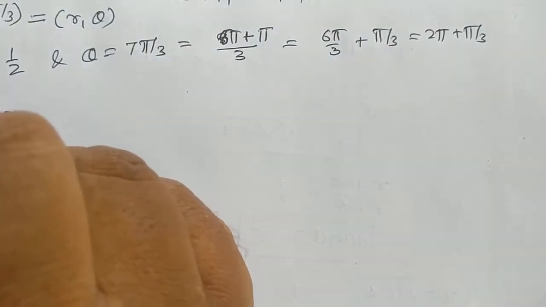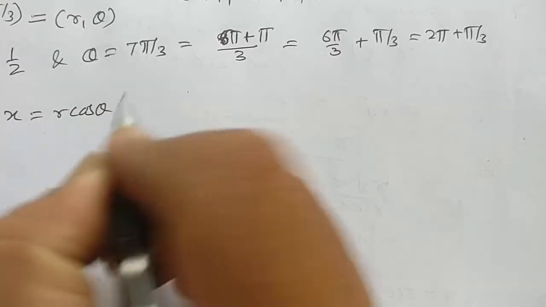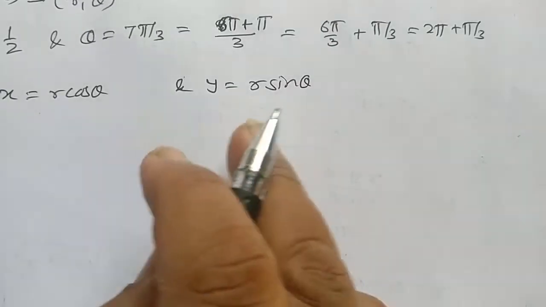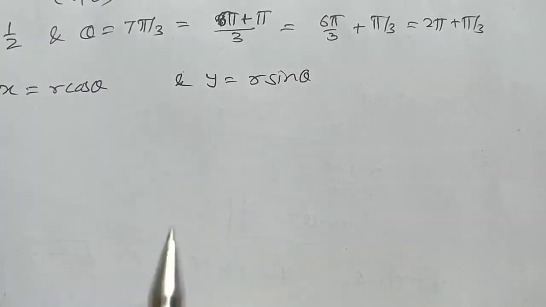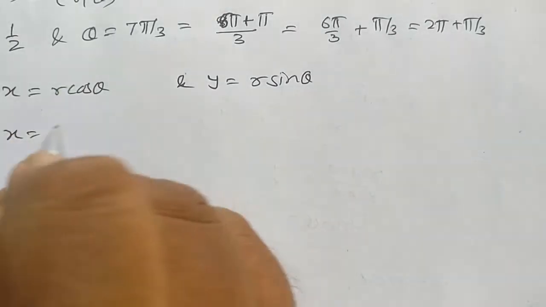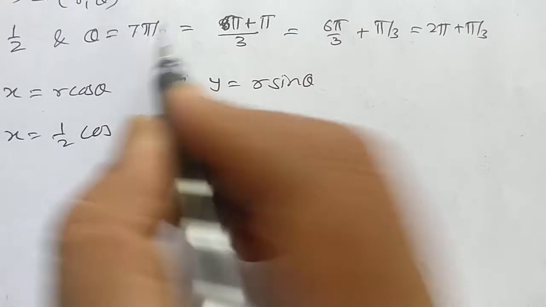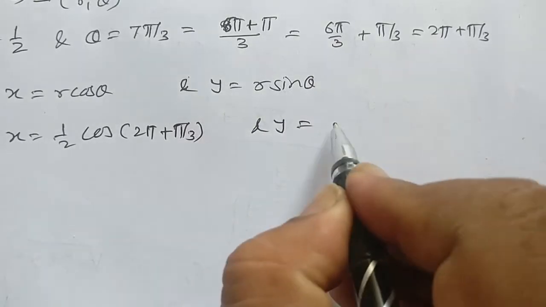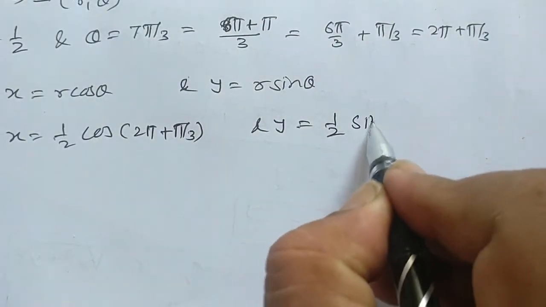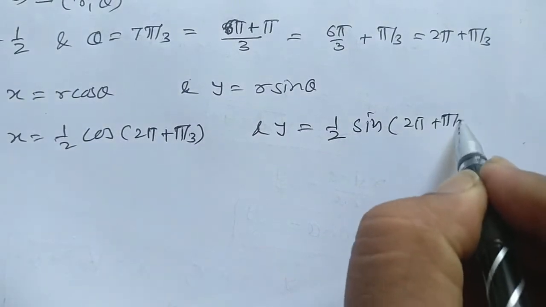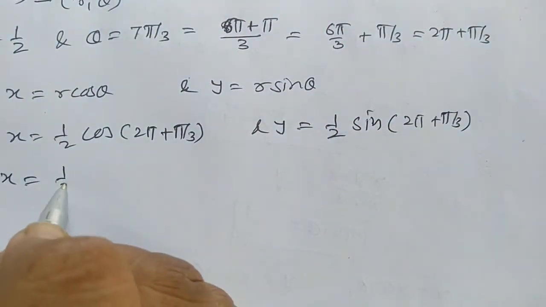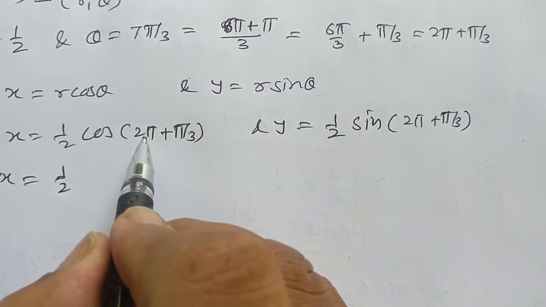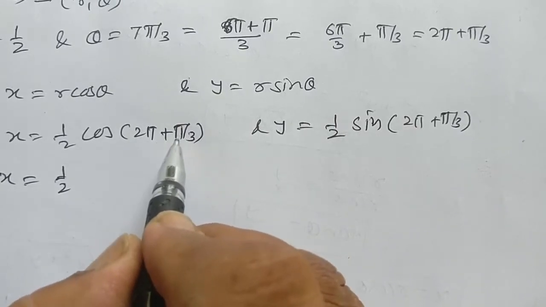Therefore, we know that x is equal to r cos theta and y is equal to r sin theta are the relations between Cartesian and polar coordinates. Therefore, x is equal to r, which is 1 half, cos of 7 pi by 3, meaning 2 pi plus pi by 3, and y is equal to 1 half sin of 2 pi plus pi by 3. 2 pi plus pi by 3 is coterminal with pi by 3.